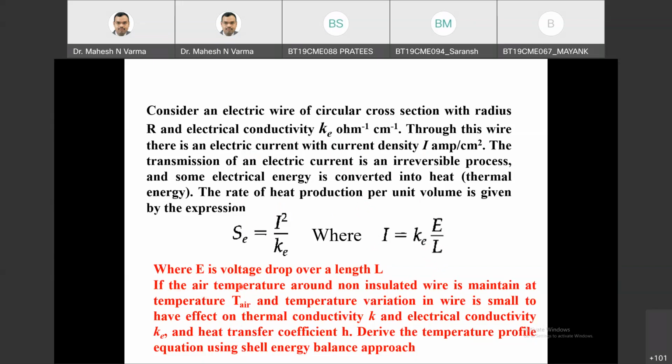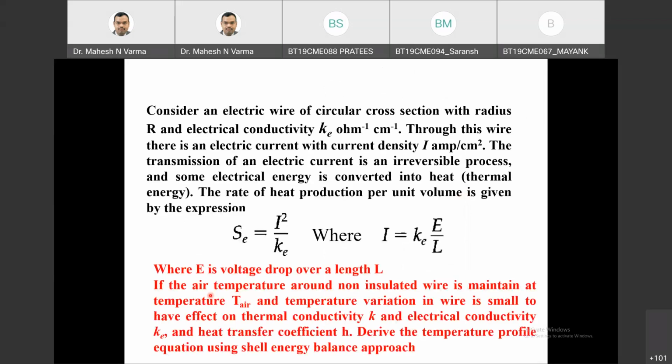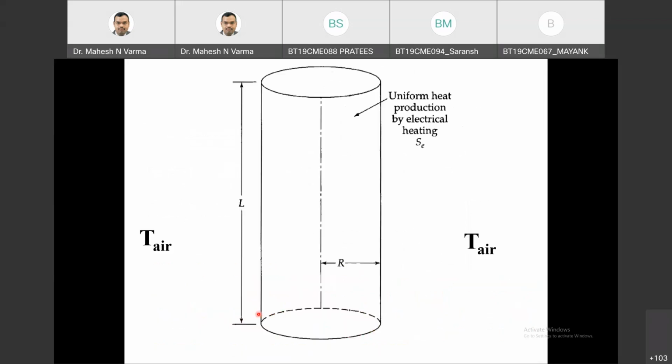Now, instead of the surface temperature T0 being given, the air temperature around the non-insulated wire is maintained at T_air. So the air temperature is given, and the temperature variation and everything else is the same.